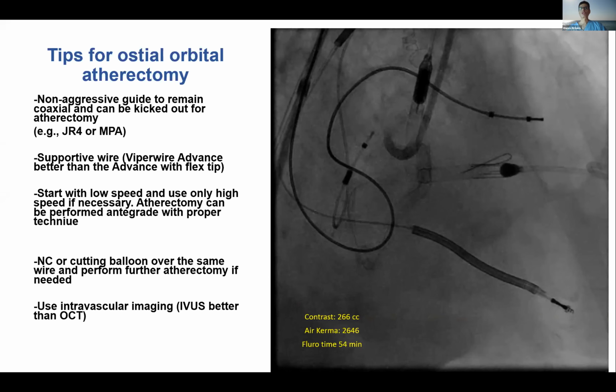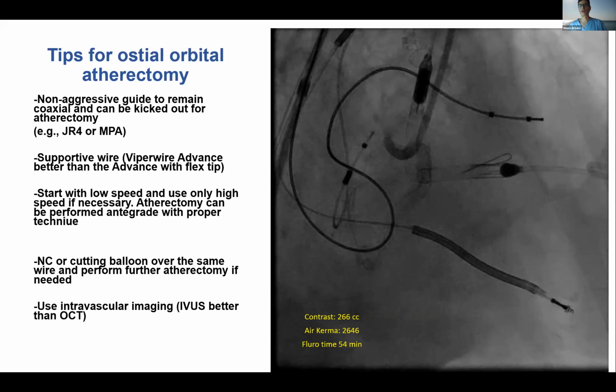So again, ostial lesions with calcium are a problem, but you can get good assessment. And for technique, the other tip here is you can use a stiff wire. This is probably the only lesion subgroup right now where I'm using the old Viper wire, not the flex tip. The Viper is a little stiffer than the flex tip, which might be useful for these ostial lesions.